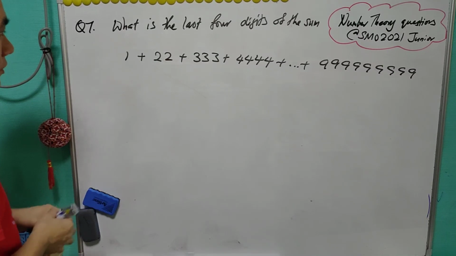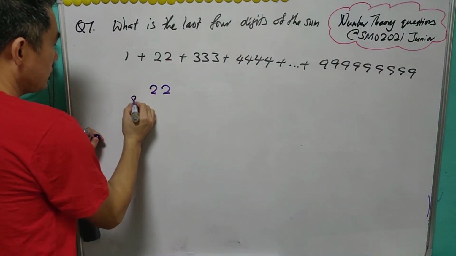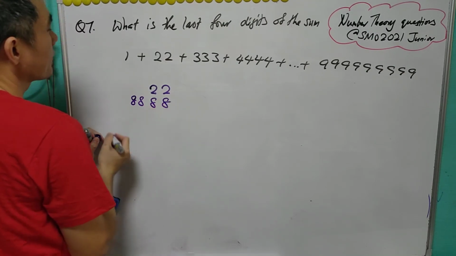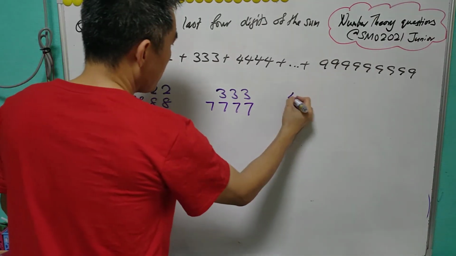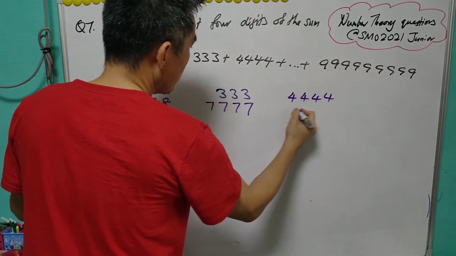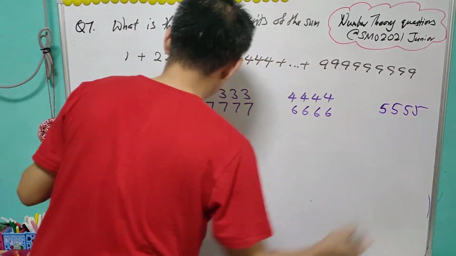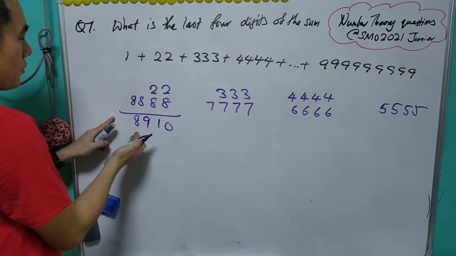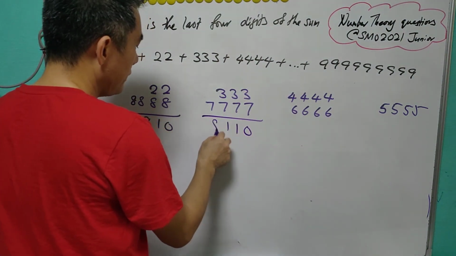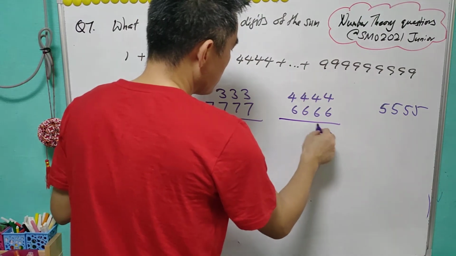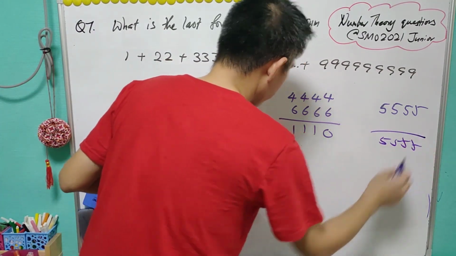Then we can continue to consider 2 to the power of 2 and 8 to the power of 8, 3 to the power of 3 and 7 to the power of 7, 4 to the power of 4 and 6 to the power of 6, and the last one is only 5 to the power of 5. For these, the last 4 digits will be equal to 8910, 0118, 0111, and 5555.